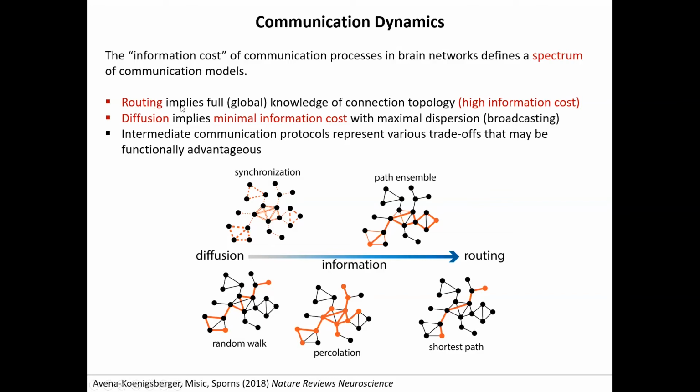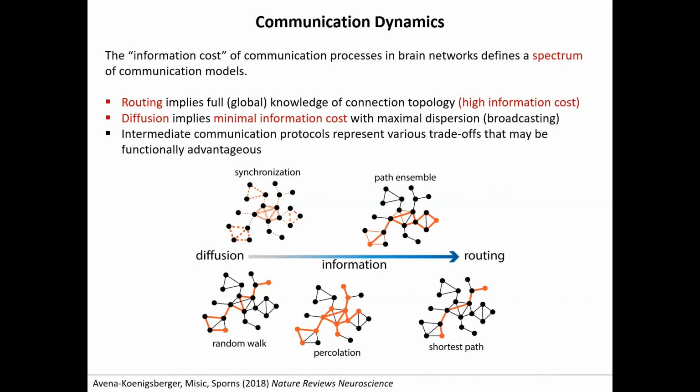But sending a message along a shortest path in a complex network implies that you have full knowledge of the connection topology. Just picture yourself, you come to a new city, you arrive at the airport, you're looking for a way to get to your hotel, you look at a subway map, and you try to figure out what's the best train to take from the airport that gets me to my hotel, maybe with one or two connections in between.